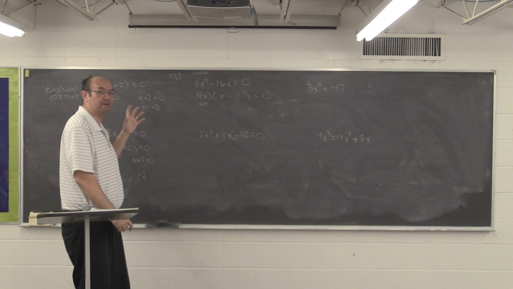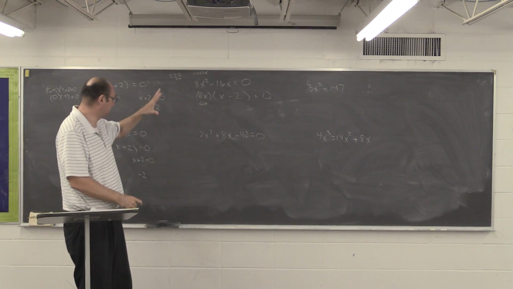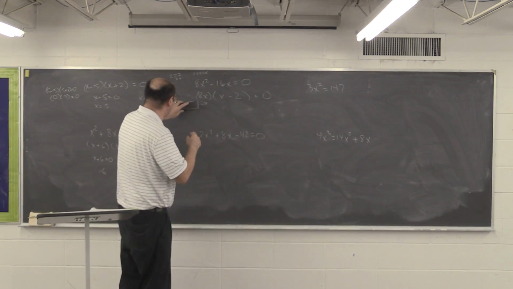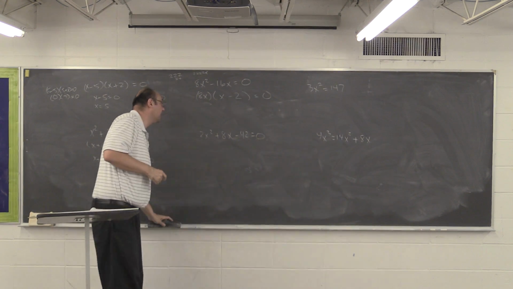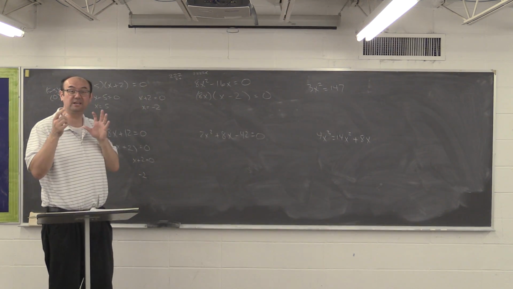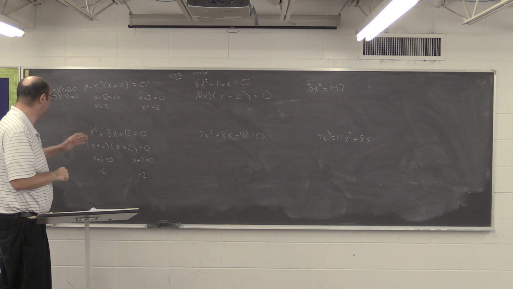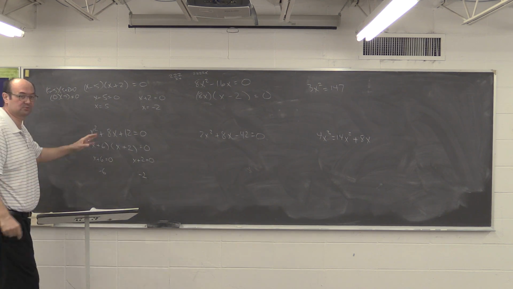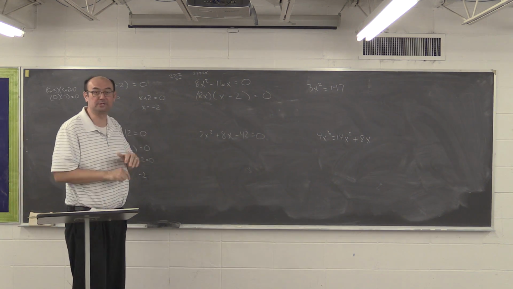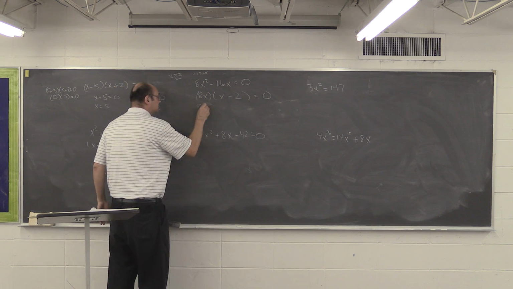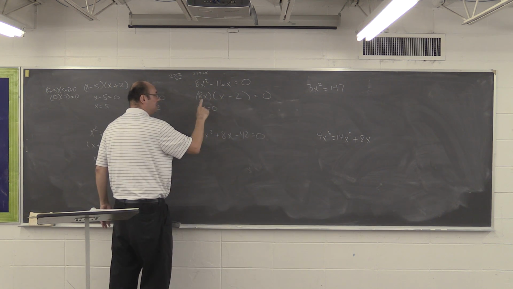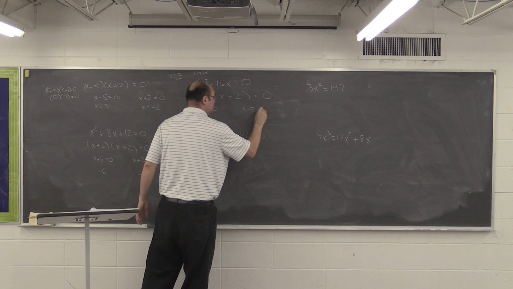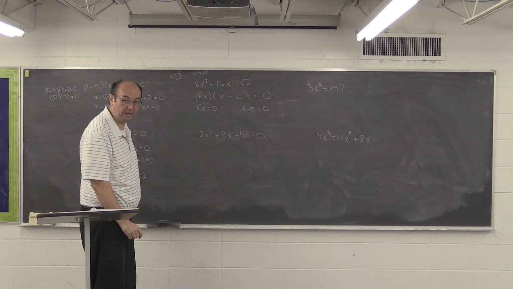Okay? So now I've factored, now I take my two factors of 8x squared minus 16x, and I set each one equal to 0, just like I did here. This one happens to not be a binomial, but we can still do it. Watch. 8x, we set equal to 0, and the other factor, x minus 2, we set equal to 0 as well.